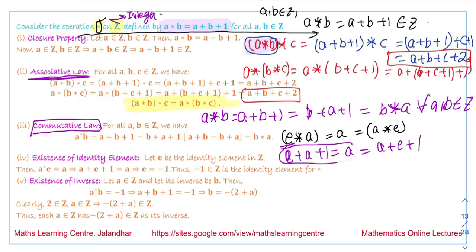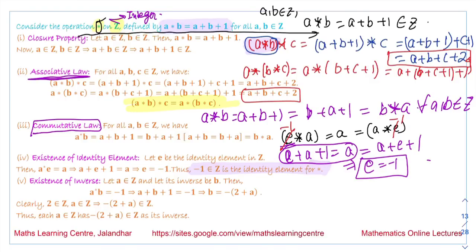Now we consider these two equations, the answer we obtain is that E is equal to minus 1. So if we substitute E is equal to minus 1, then this property is satisfied for all A belongs to Z. So minus 1 belongs to Z is the identity element for star.